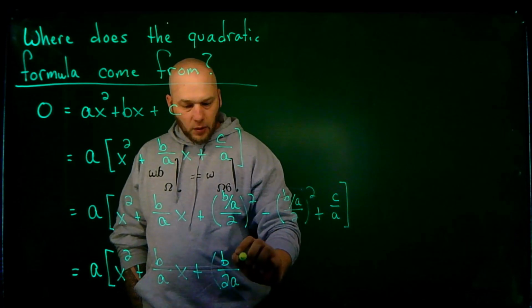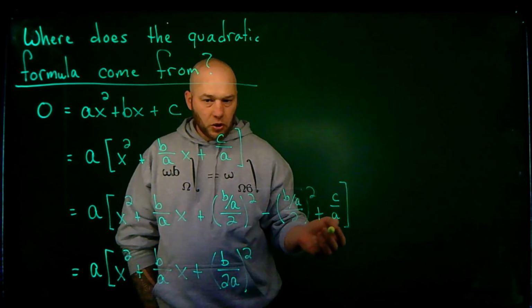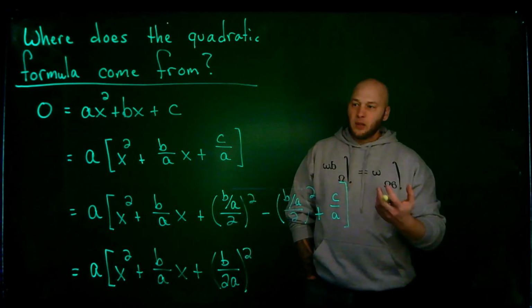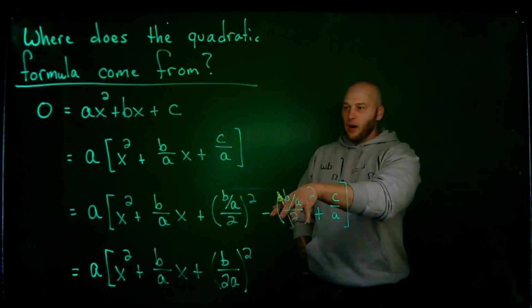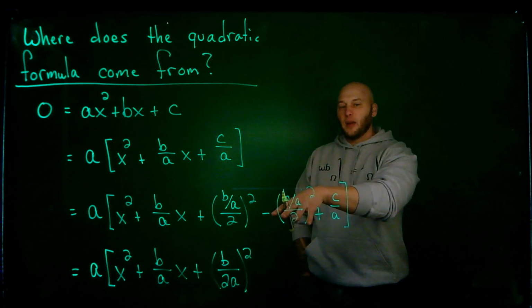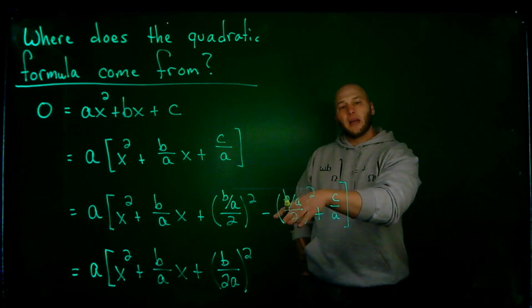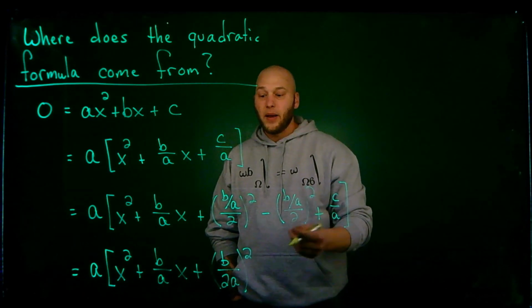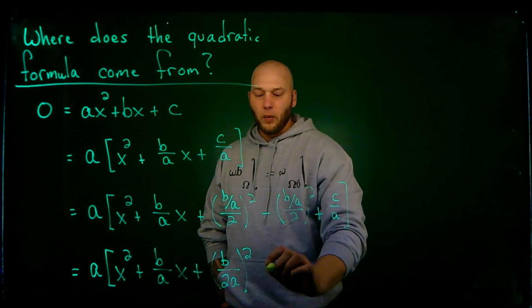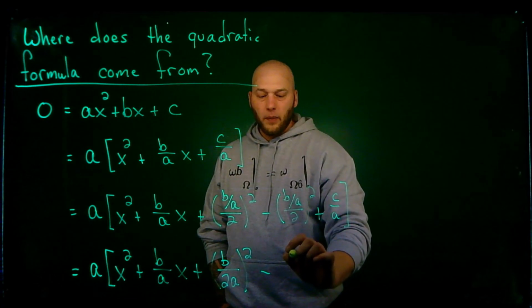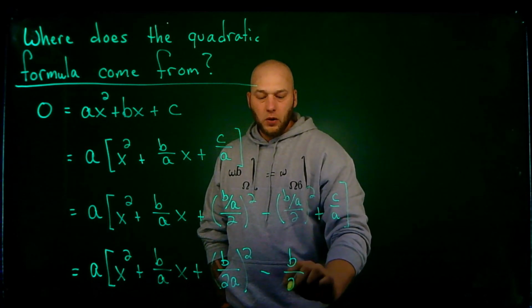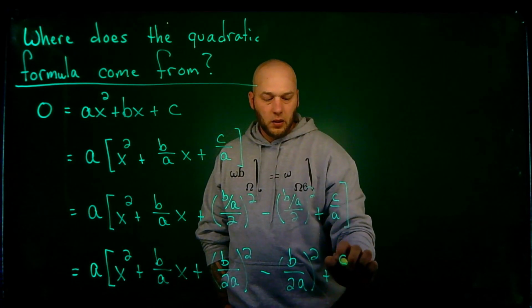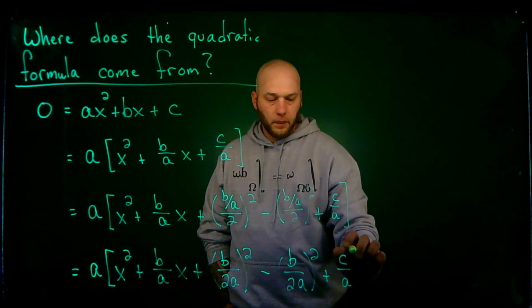If you're watching this, chances are you know the quadratic formula, and this might be the first part of the procedure where you think, oh wait, 2a in the denominator, that sounds familiar. There's my 2a in the denominator, as we'll see as we go through. So b over 2a squared, and then plus c over a.